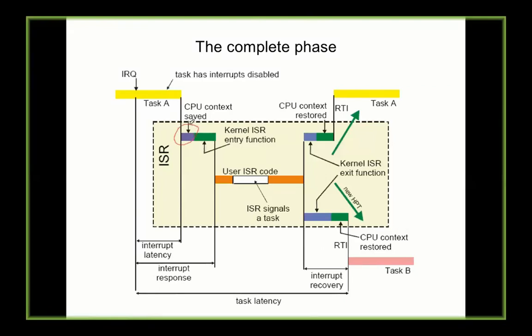Then you can think of something more. Before it starts giving you the service, the kernel has to do some additional job, which is called the time taken by the kernel ISR entry function. It means sometimes a CPU context may not be sufficient to store the entire information of a task.